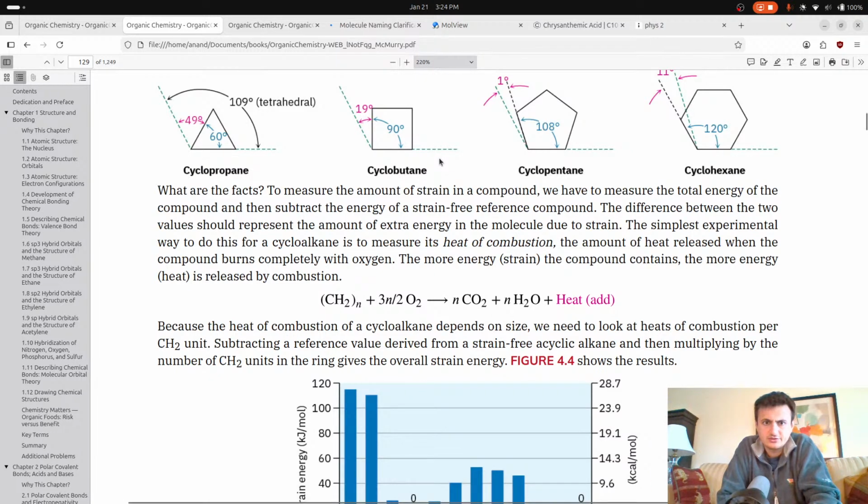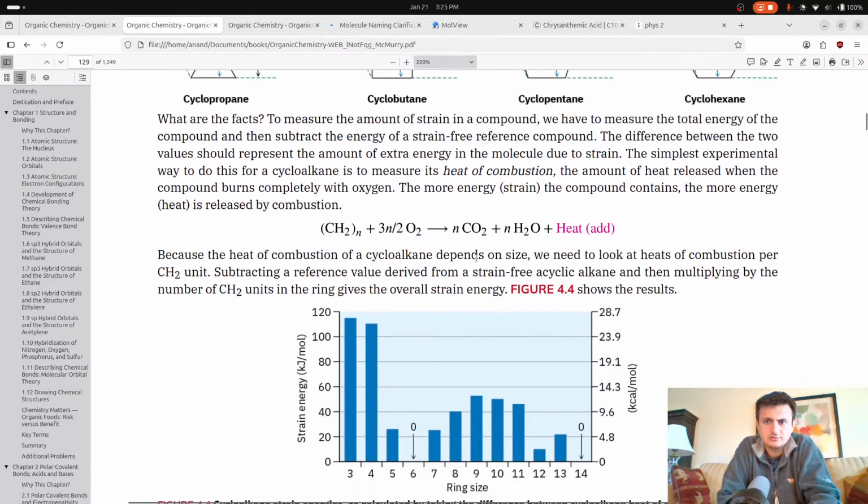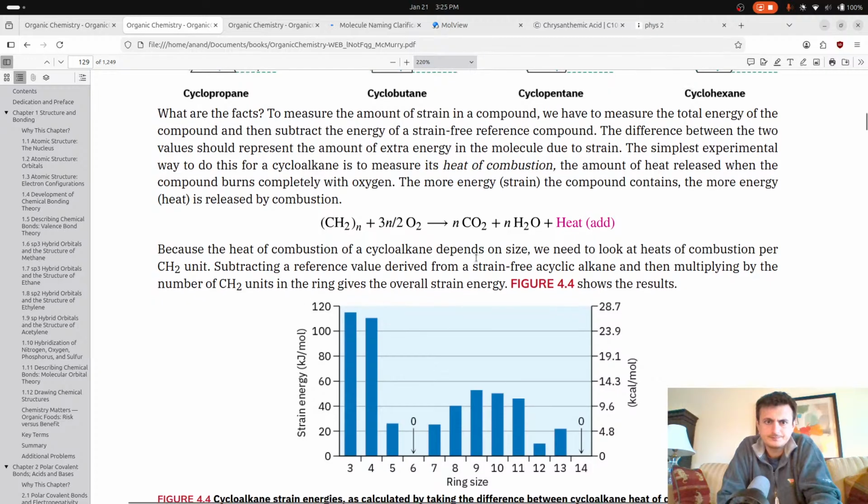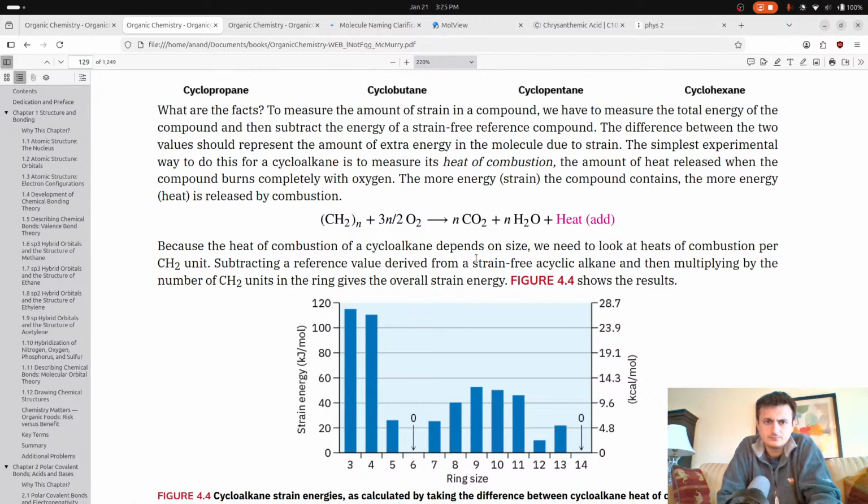The simple experimental way to do this for a cycloalkane is to measure its heat of combustion, the amount of heat released when the compound burns completely with oxygen. The more energy strain, the more energy is released by combustion.